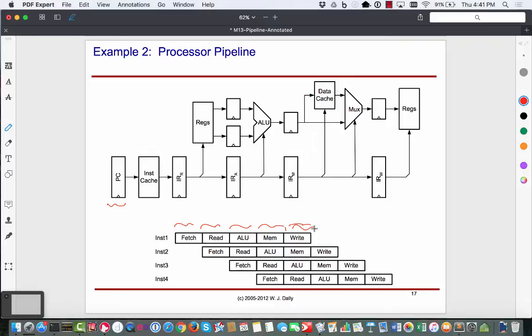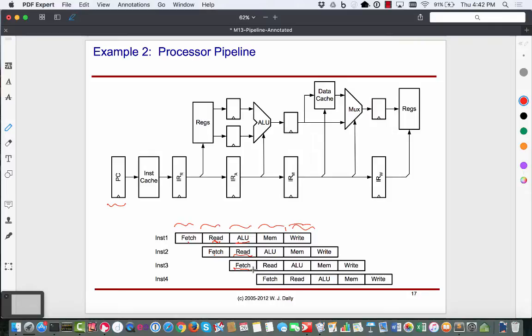But the main point is instruction 1 is fetched. Then while instruction 1's data inputs are being read, the next instruction 2 is being fetched. And then while instruction 1 is being processed in the arithmetic logic unit, instruction number 2's operands are read and instruction number 3 is being fetched, and so on and so forth.